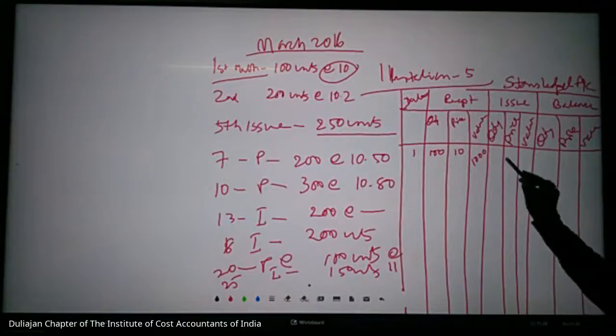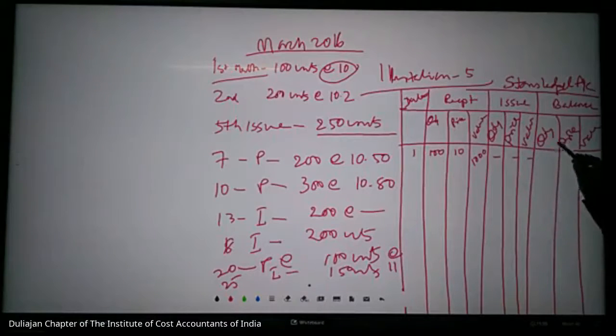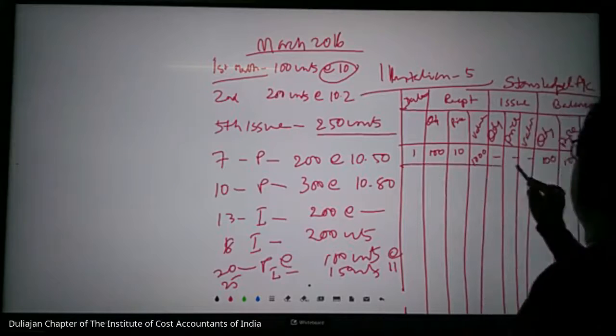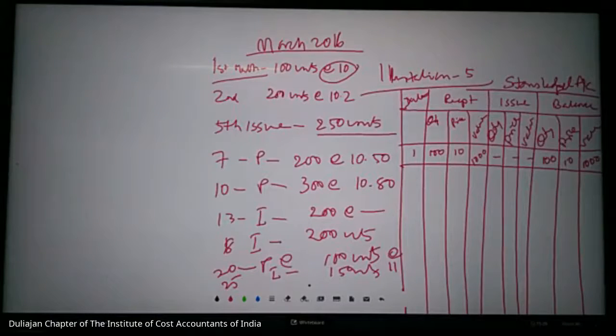There is no issue. So you have a balance of 100 and the value is 1000. Price is 10 rupees. This is clear. First transaction recorded. Now I am putting a line here. My first date transaction is recorded.